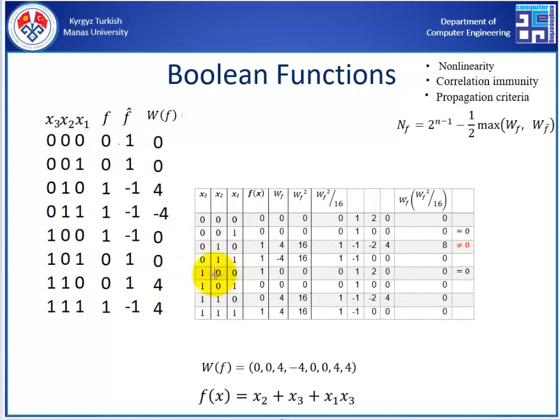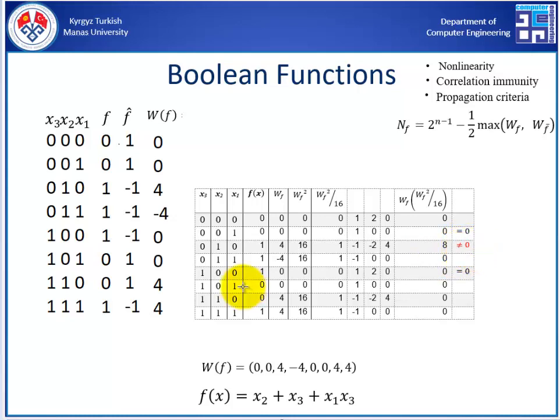For the weight 1 input where the x2 element is equal to 1, we have the resulting Walsh-Hadamard transform value equal to 8, which is not equal to 0. That means that if we change the second bit, then not half of the elements of the output are going to change. This is the result that we have already obtained.